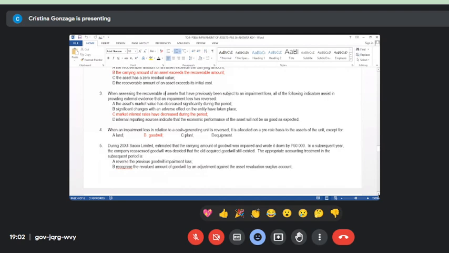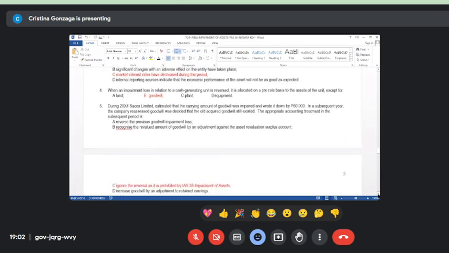Ang gagawin mo, i-allocate mo on a pro-rate basis to the assets of the unit, the identifiable assets of the unit, except nga cash and the net accounts receivable. No, but all others pwede, kagaya ng land, kagaya ng plant, kagaya ng equipment. So ang answer natin dito is goodwill. Ayan. Kasi yun ang unang-unang i-exhaust mo, yung goodwill. Yung the rest or the balance will be allocated on a pro-rate basis to the other assets of the unit. Yan, ha? Okay, next, number 5.